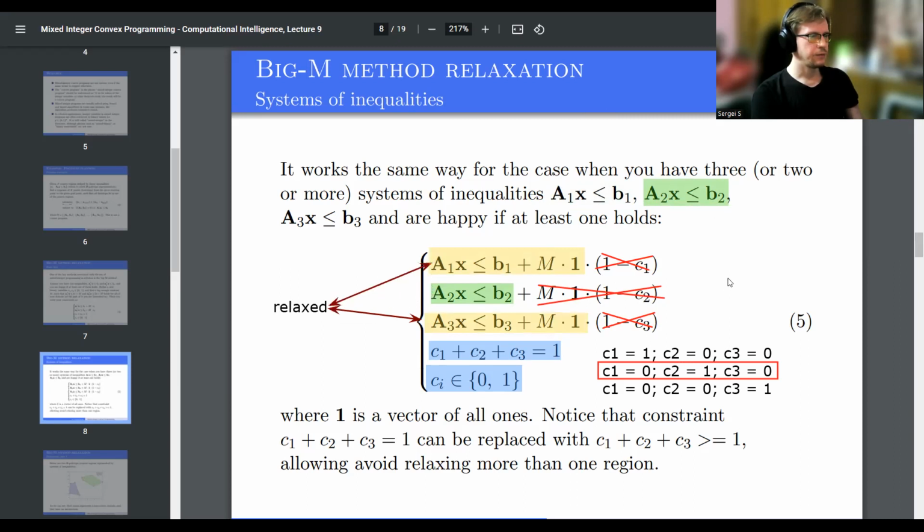Right. So we see the pattern. 0 means relaxed, 1 means holds. And the number of C which holds is the number of the region which is going to hold. Everything else is relaxed. All right. Well, last one, we'll just quickly do it. Okay, last one.